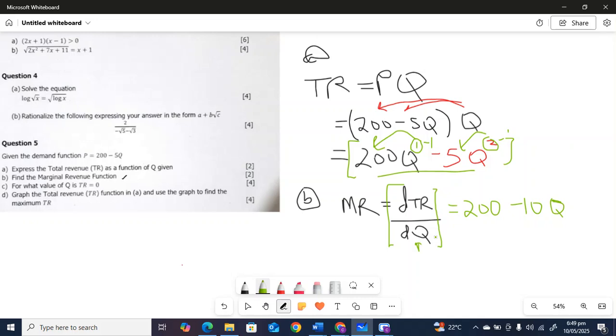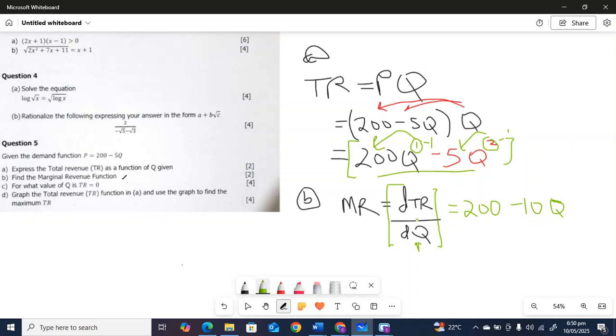And if a term has no such letter, it disappears. So this is just saying we're deriving our total revenue function with respect to Q, meaning the variable we use to differentiate is Q.